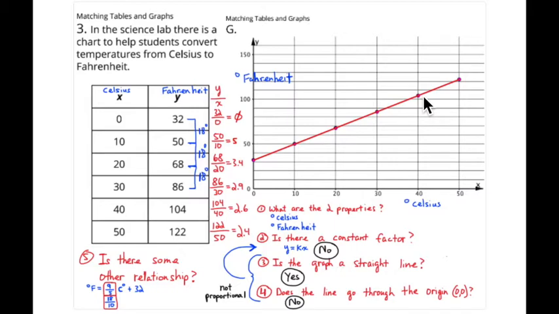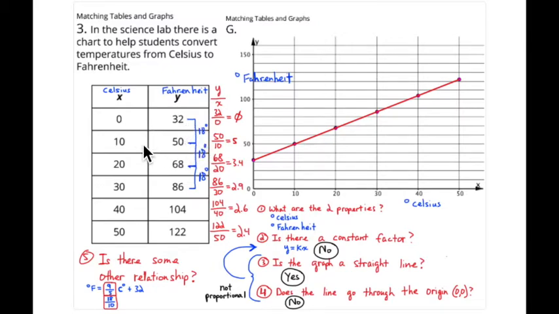So let's take a look at that just for a moment. So is there some other relationship? In fact, there is. So if you just forget about the 32 degrees for a moment, and you look at what's going on between degrees Fahrenheit and degrees Celsius, you see that every 10 degrees, there's an increase of 18 degrees.